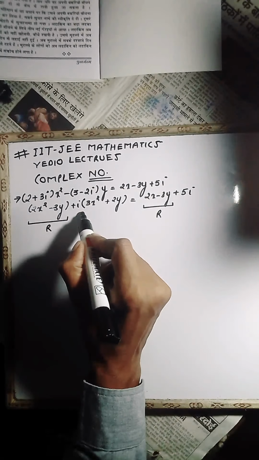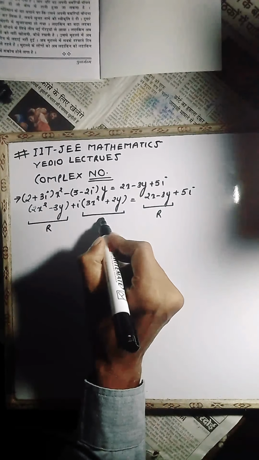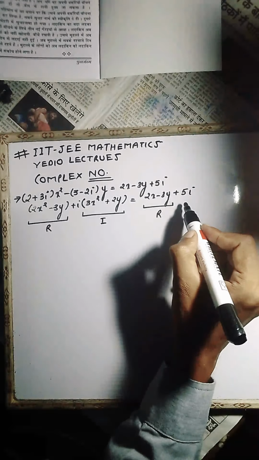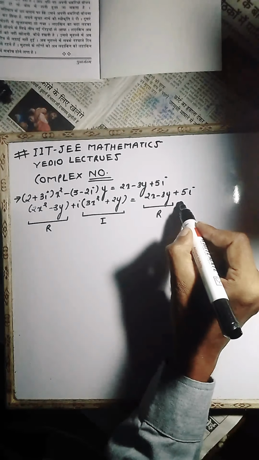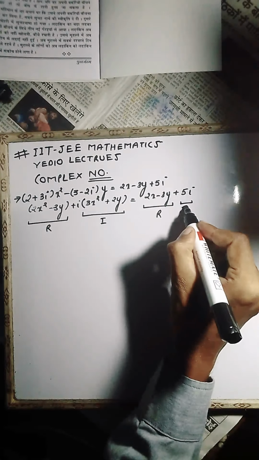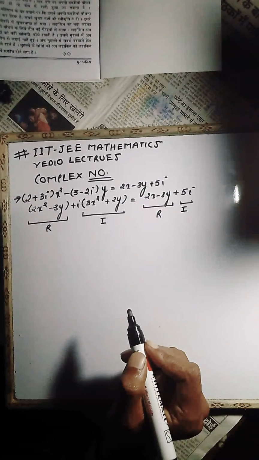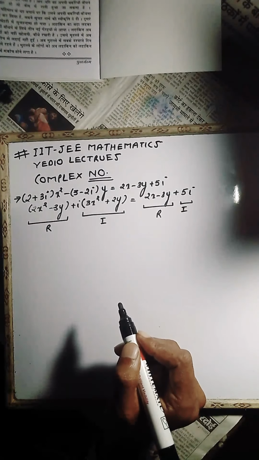And again on the LHS, this whole is our imaginary part, and again on the RHS, this is the imaginary part. So now we will equate both equations.